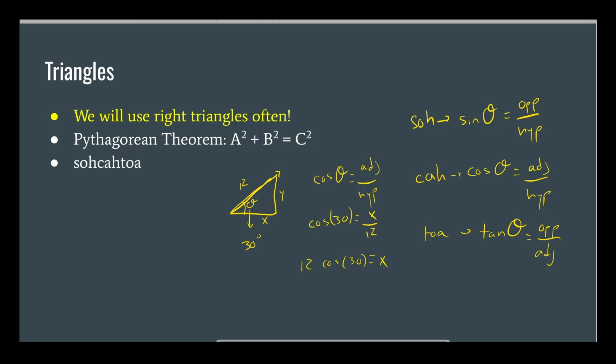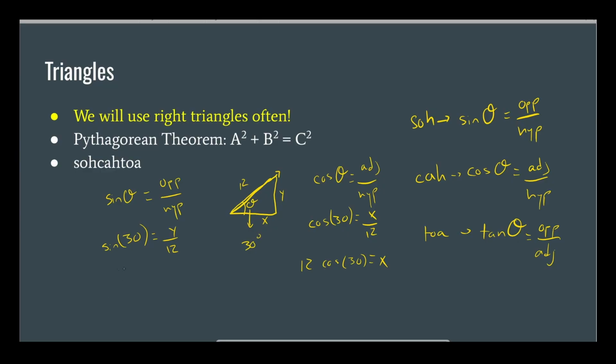We could do the same thing for the y component. So for sine of theta, that would be opposite over hypotenuse. If we plug in our values here, sine of 30 is equal to y over 12.